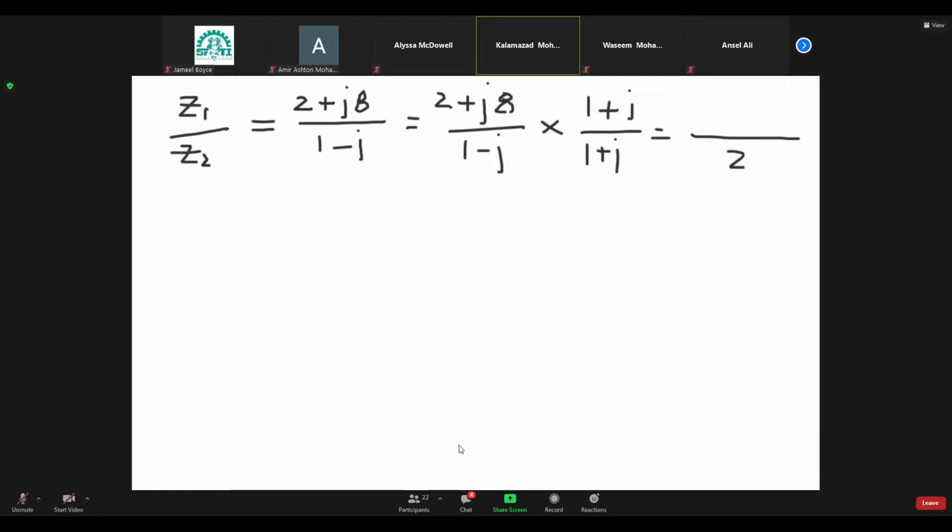All right, remember the denominator is the conjugate, so it's 1 squared plus 1 squared. And then the top, we need to work that out.